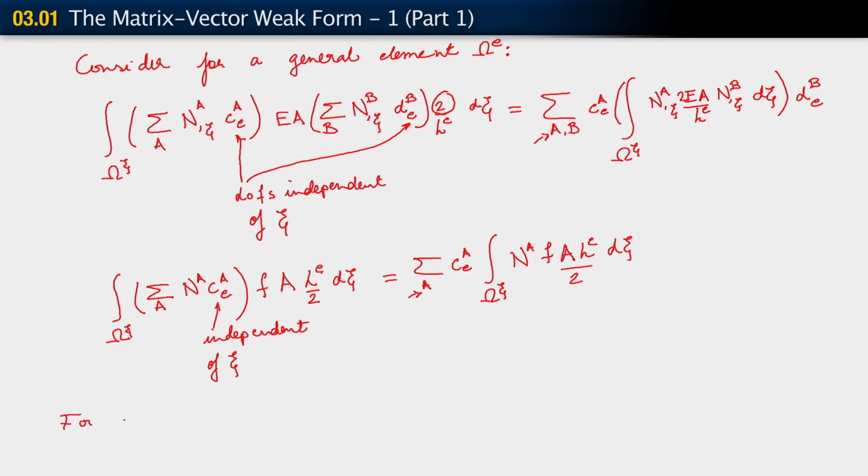For e equals 1, there is no sum over A. Instead we require to use just the index A equals 2.